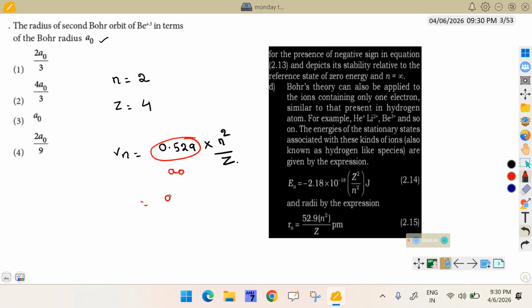So based on that, a0 into n square by Z. Substitute n value and Z value: a0 into 2 whole square by 4. Final answer is a0.